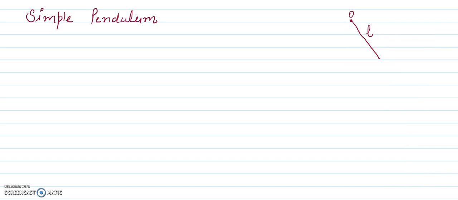Let this particle be of mass m and its weight mg is vertically downward. Assume initially the string is like this. There is no motion in the string, and let A be the lowest position of the particle which is attached to the other end of the string.